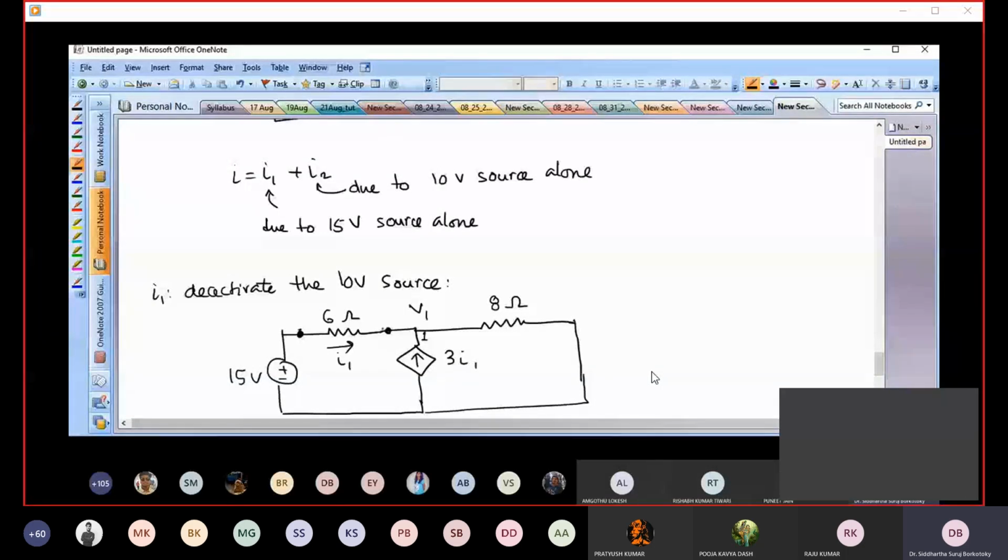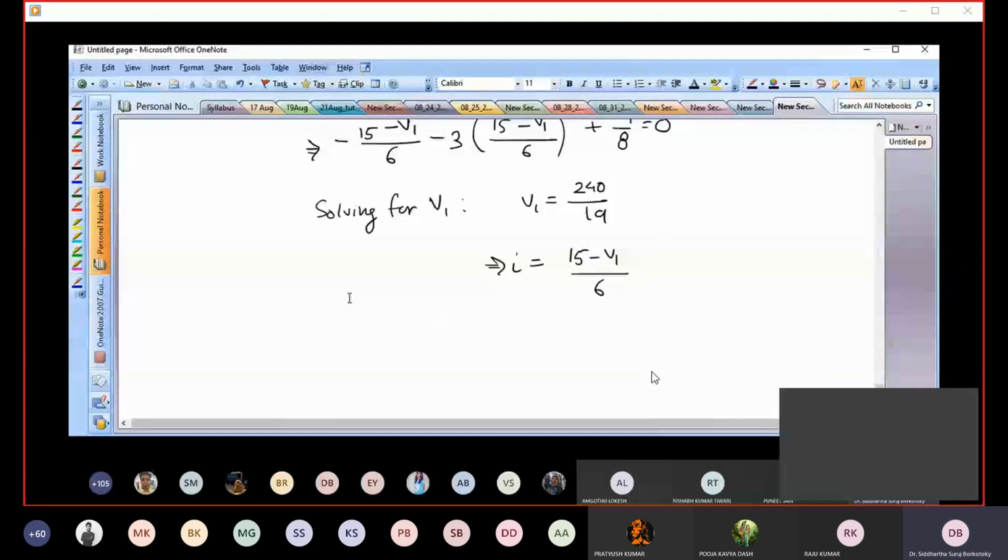So 15 minus V1 divided by 6 is your current I1. If you substitute all the numbers, 15 minus 240 by 19, divided by 6, and do it in the calculator, you'll find that it's 0.395.